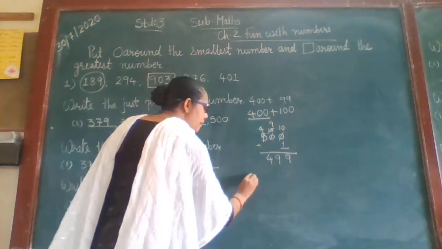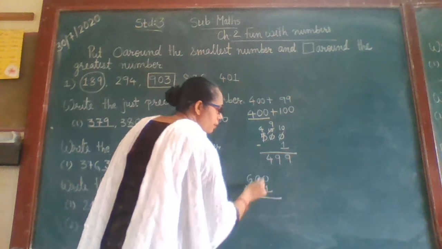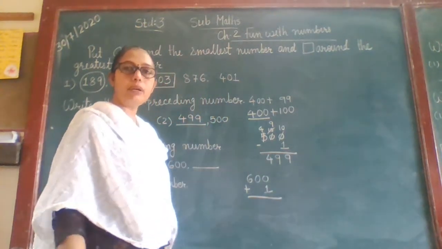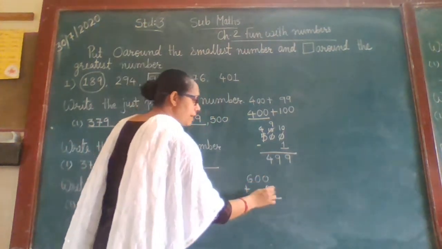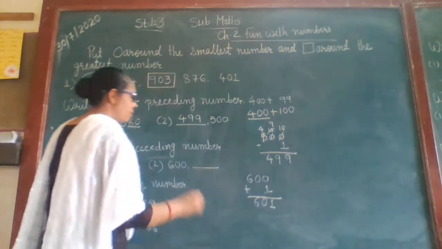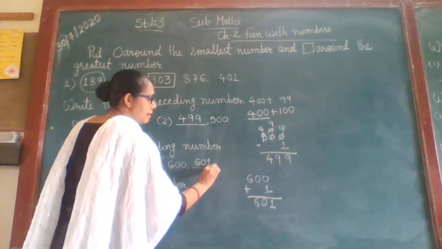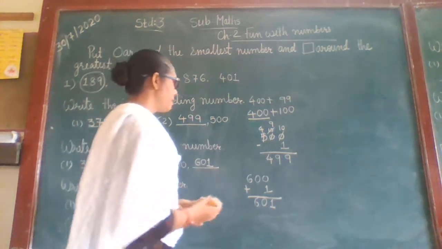So the given number is 600. We have to add 1 to find the after number. So 0 plus 1, 1, 0 and 6. So after 600, 601 comes.